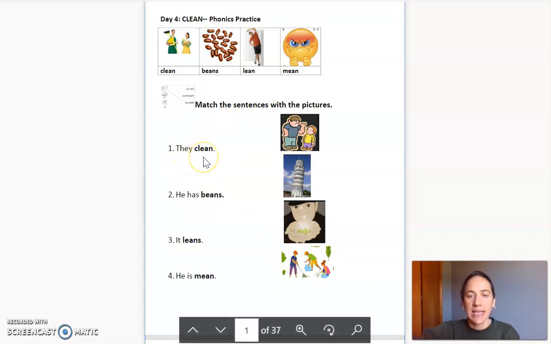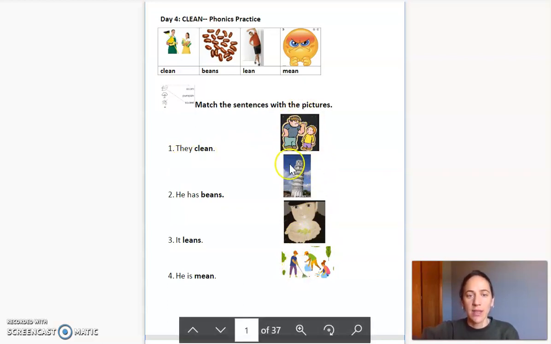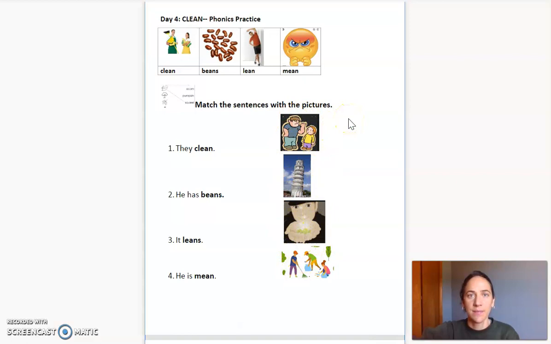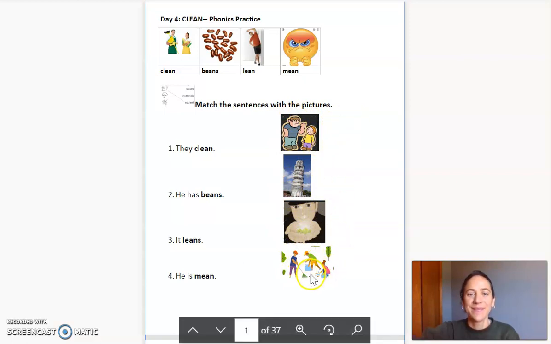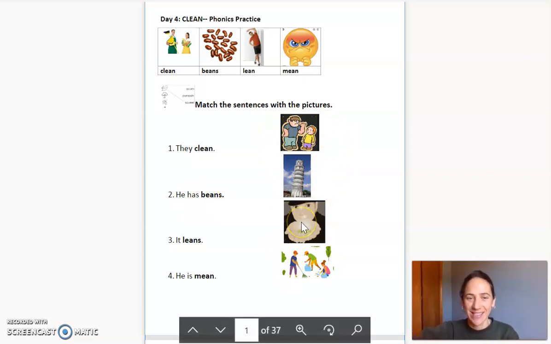They clean. Point or circle the picture that shows they clean. Yes. He has beans. Which picture shows this? Yes. I want you to read number 3.